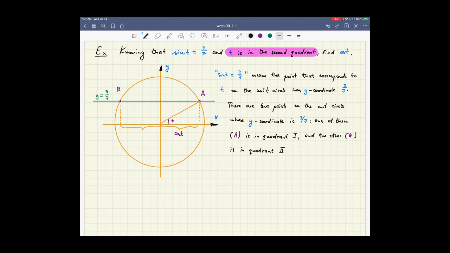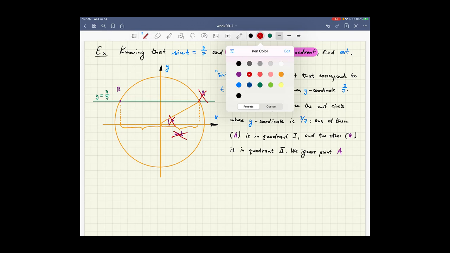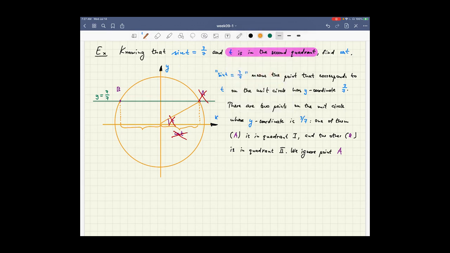We are specifically told that we want the point that is in the second quadrant, so we ignore point A. We need point B, so we want the x-coordinate of this point.